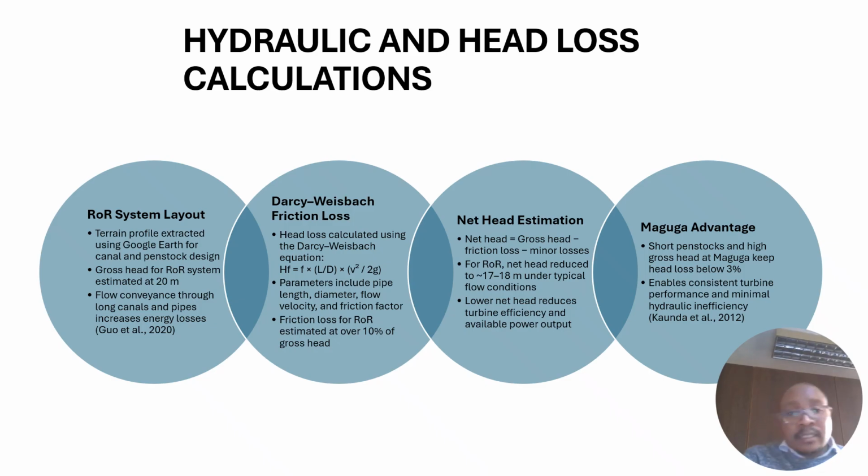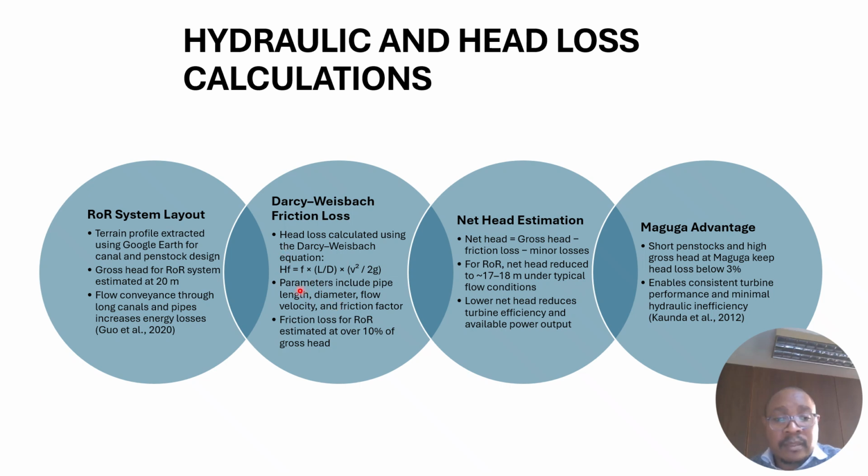And then the hydraulic head calculations, these are some of the calculations that are used in the ROR system. Google Earth Pro is used, with the gross head estimated at roughly about 20 meters, and then the flow conveyed through long canals and pipes increases energy losses. And then the Darcy formula for the friction losses.